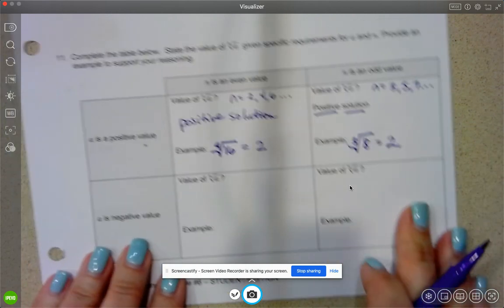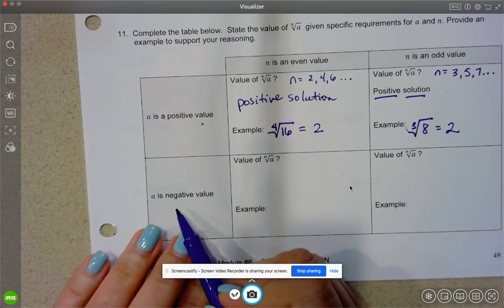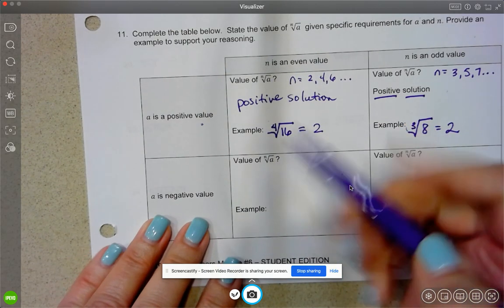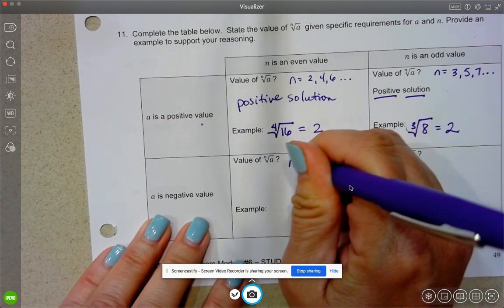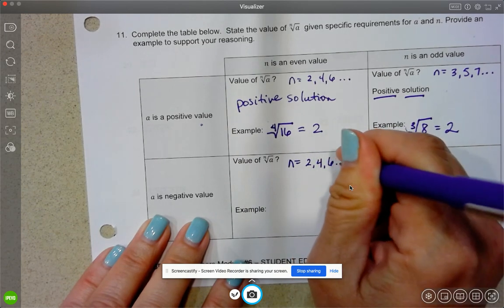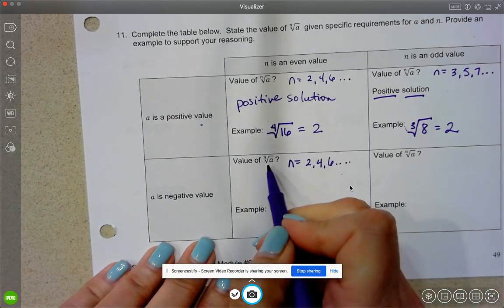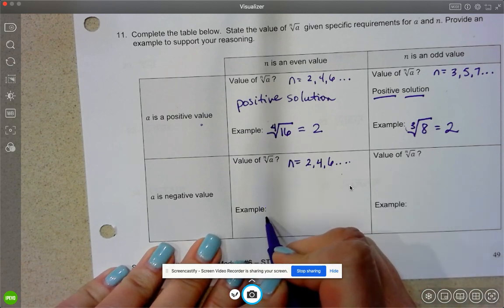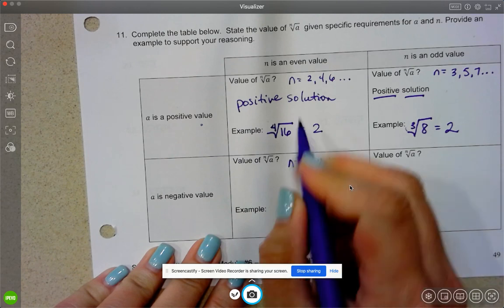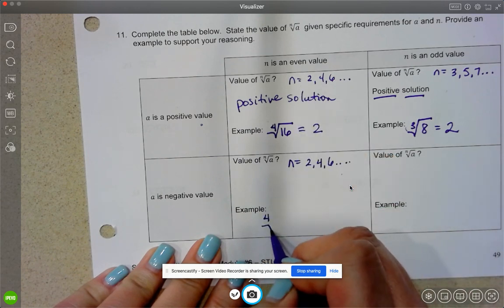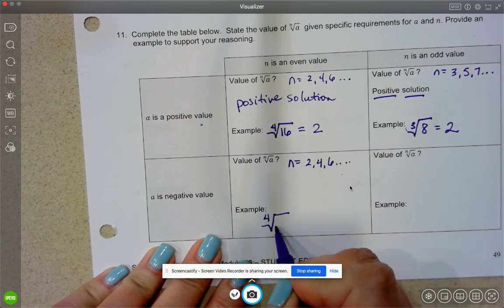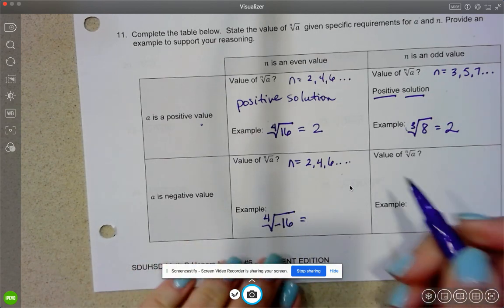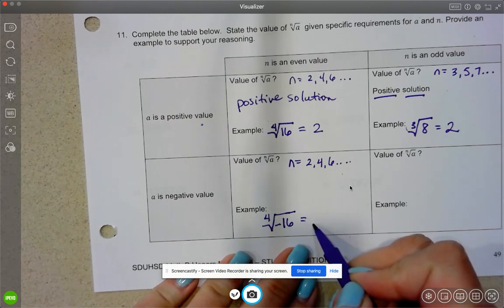Okay, what about if a is a negative number and my n is an even number? So in this case, n is still 2 or 4 or 6, some even number, but a is negative. Let's do an example of that down here. My n is an even value, like 4, but my a is a negative number, negative 16. Is there any number like 2?